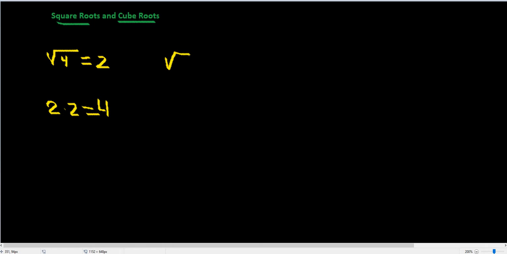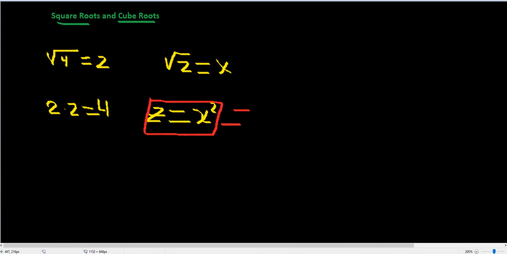So let's do the square root of z equals x. We'll switch around the square root and make it z equals x squared. This right here is equal to the square root of z.